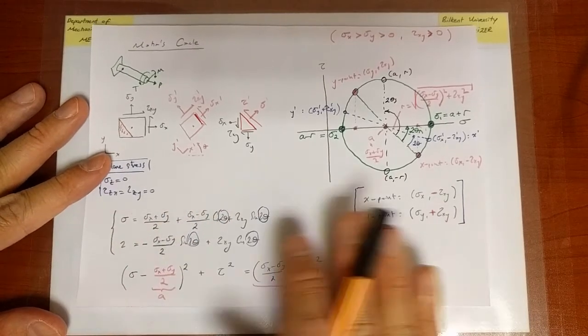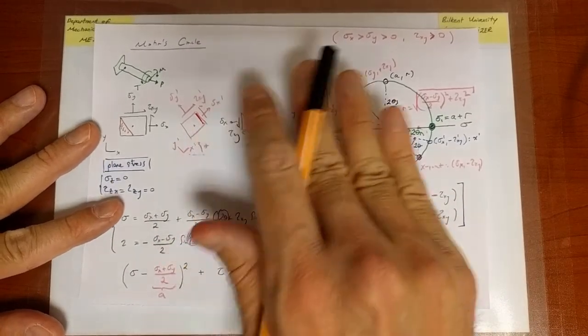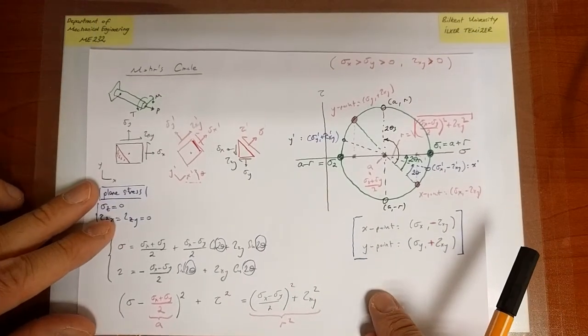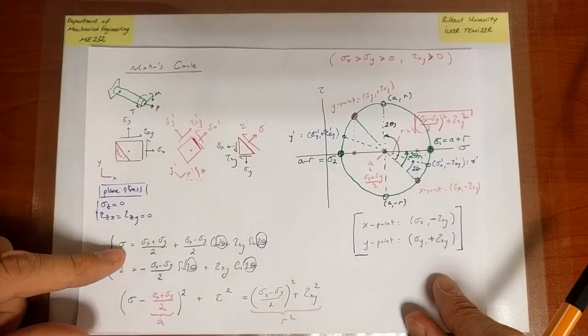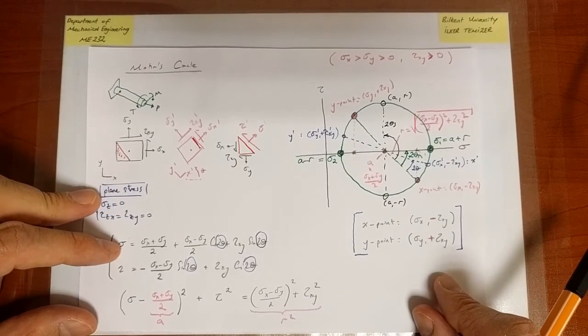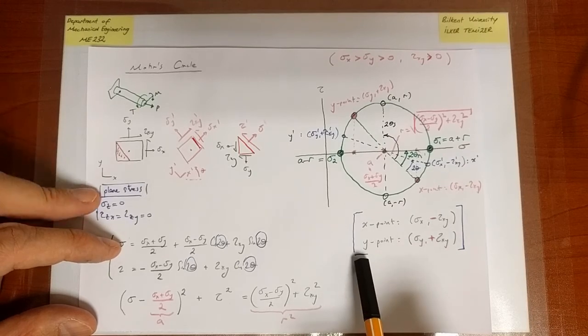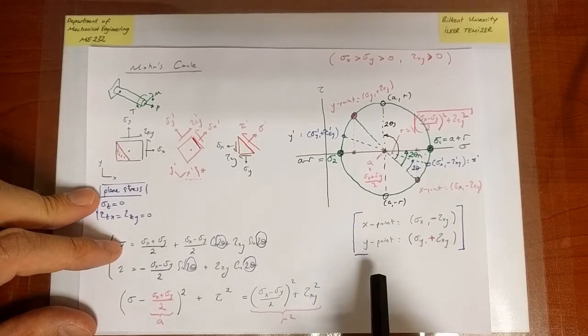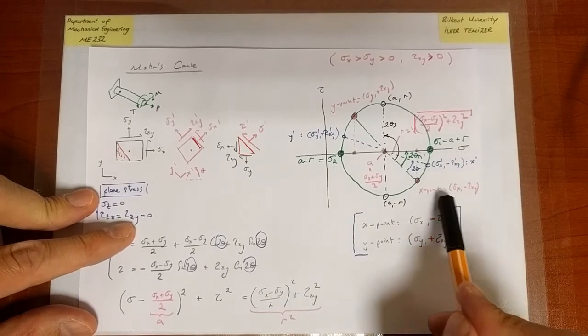So we've put everything on the same picture, on a single circle, with which we are able to predict anything that's associated with the principal directions, whether it be normal or shear values. In doing so, I highlighted two so far important things. One, you start from this.